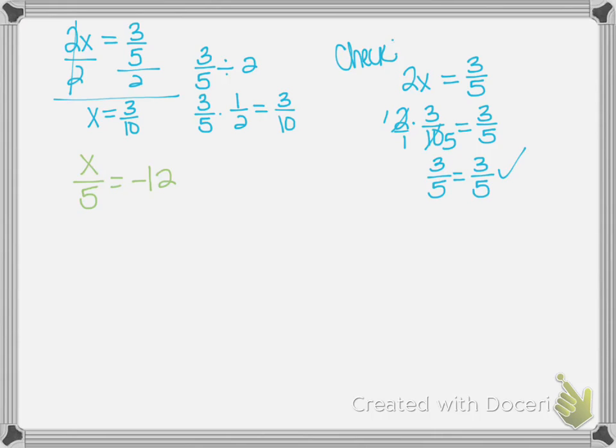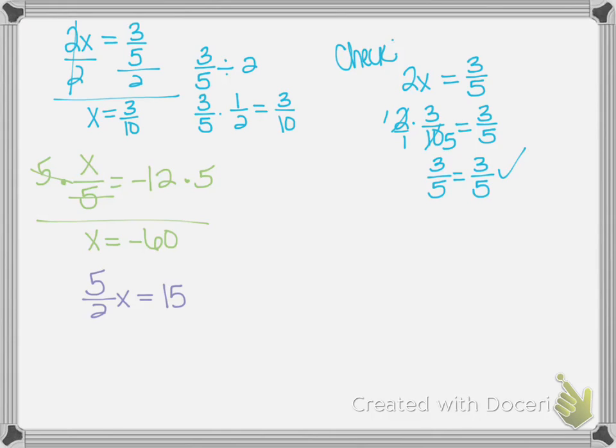One common mistake is to multiply by that -12 instead. So we want to multiply both sides by 5. When we do so, we get x equals -60. Oh, I didn't check that one, sorry guys. I think this is our last example that I have for us.